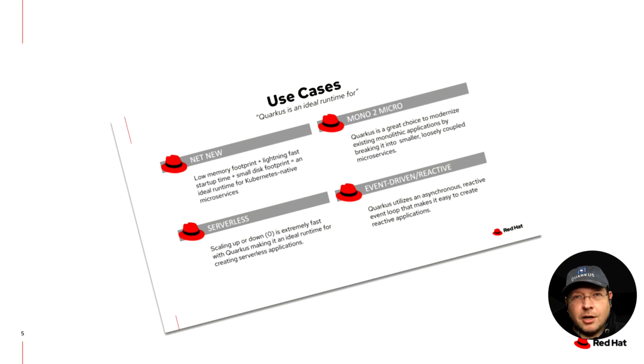It's a little bit about modernization, mostly called monolithic applications to microservices applications. It talks about serverless workloads, obviously having GraalVM and some native compilation in the back of the head. And it talks a lot about event-driven architectures or reactive architectures in general.